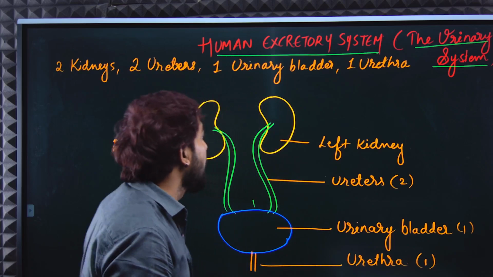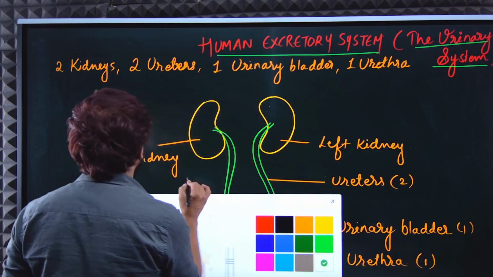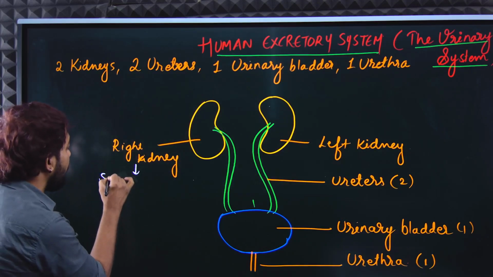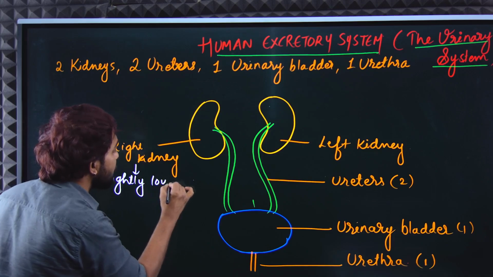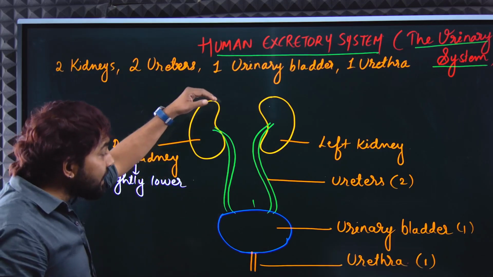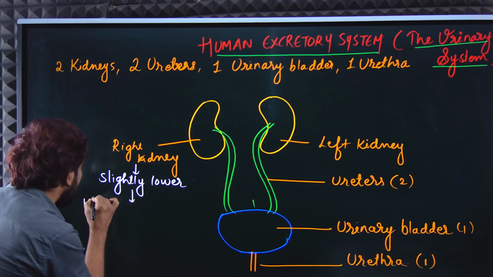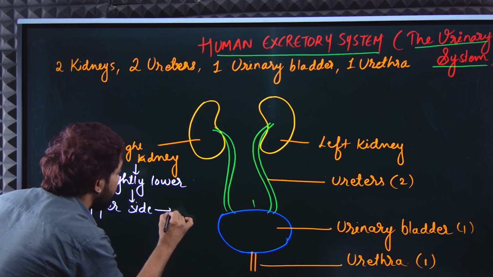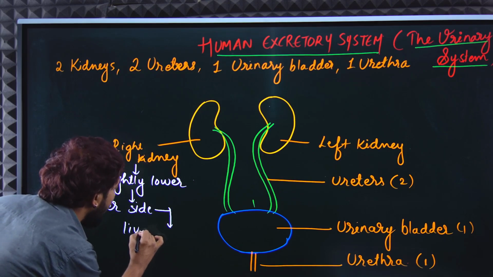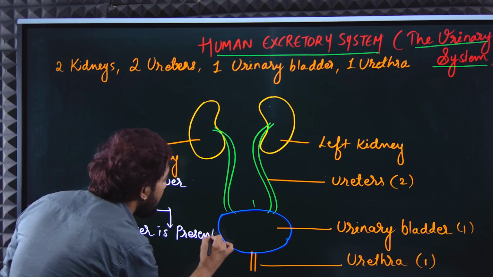Here you will have that the right kidney is slightly lower because on the upper side, liver is present.